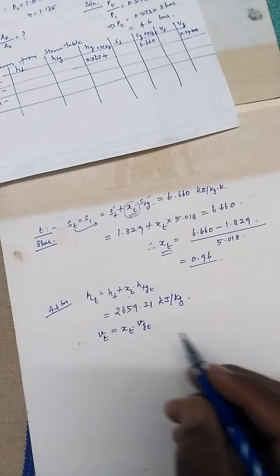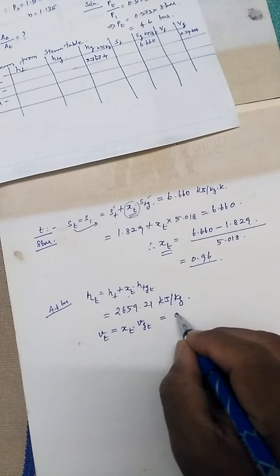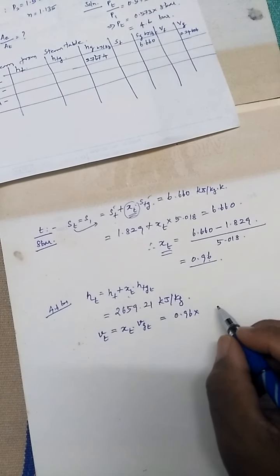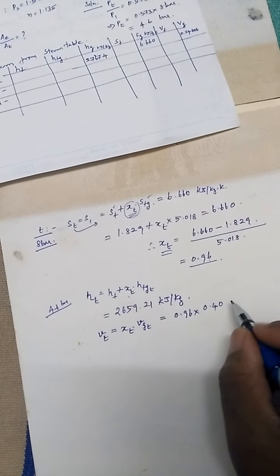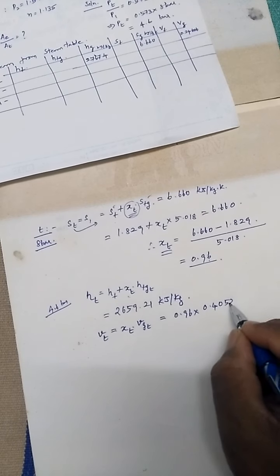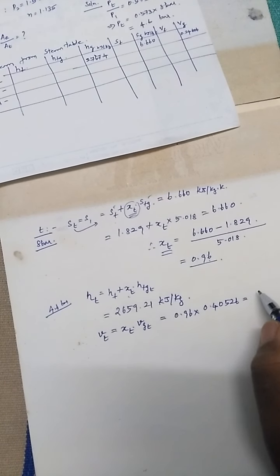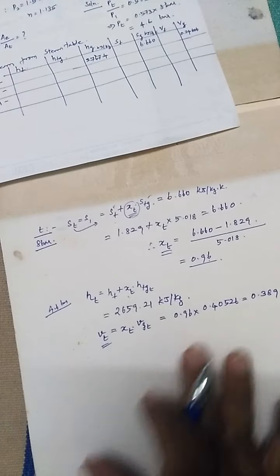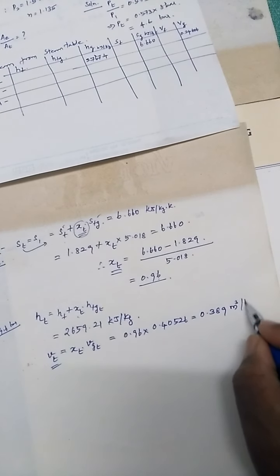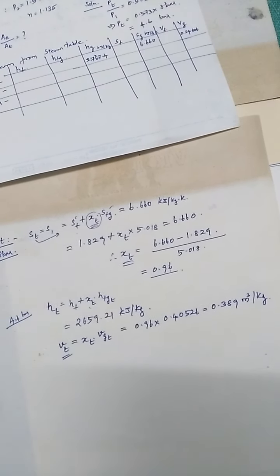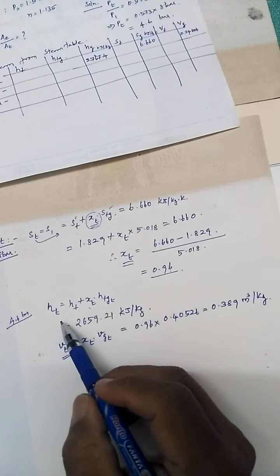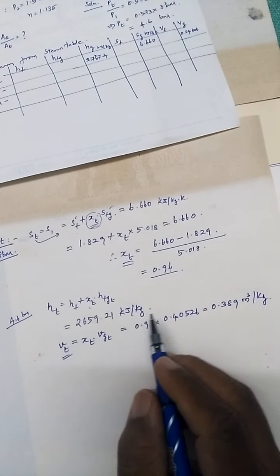So 0.96 into the vg value from the steam table for 4.6 bar, 0.40526, I am getting 0.389 meter cube per kg. So this is vt, this is ht, and we know already what is h1.